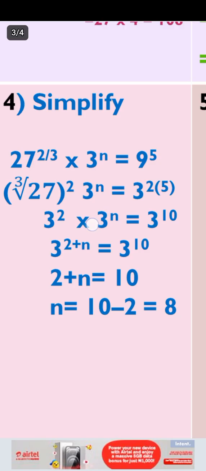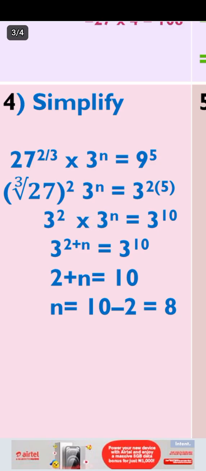3 raised to the power 2 times 3 to the n, equal to 9 raised to the power 5. This one becomes 3 raised to the power 2 because 9 is reduced to 3 raised to the power 2. The rule of power raised to power is that we should multiply the powers.